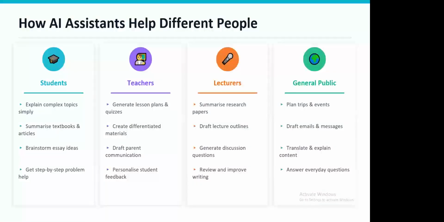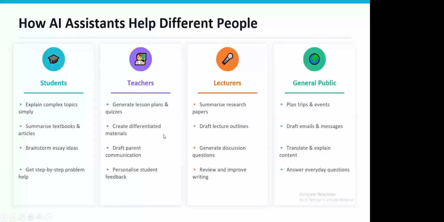So how do AI assistants help different people? Students can use them to explain complex topics simply, summarize the textbook, and brainstorm essays step by step. For teachers, they can generate lessons, draft parent communications, and personalize student feedback.